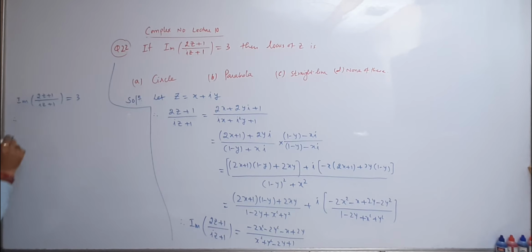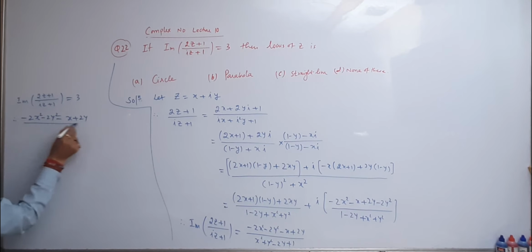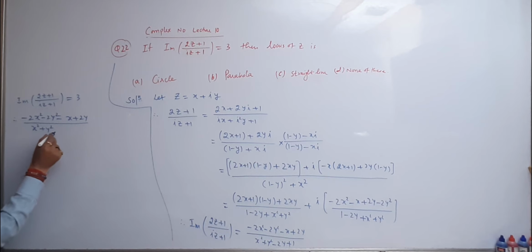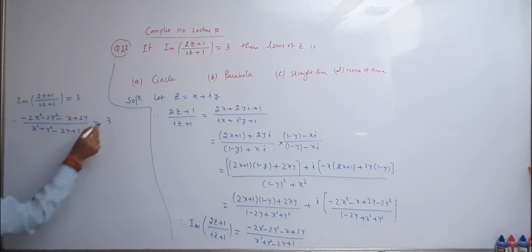Therefore, minus 2x square minus 2y square minus x plus 2y divided by x square plus y square minus 2y plus 1 is equal to 3.